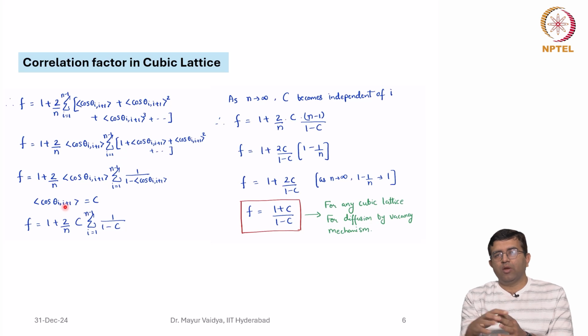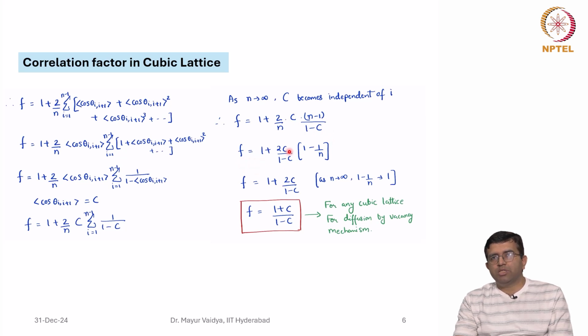Okay. So the average of cos theta I plus 1 equal to C becomes independent of I as n approaches infinity. So, therefore, you can write f is equal to 1 plus 2 by n. Since this is independent of I, you can simply write it as n minus 1 times 1 by 1 minus c. We can rearrange this as f equal to 1 plus 2c by 1 minus c in the bracket 1 minus 1 by n.